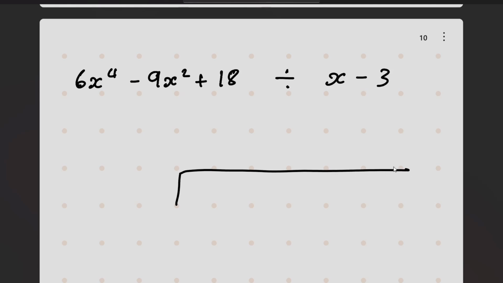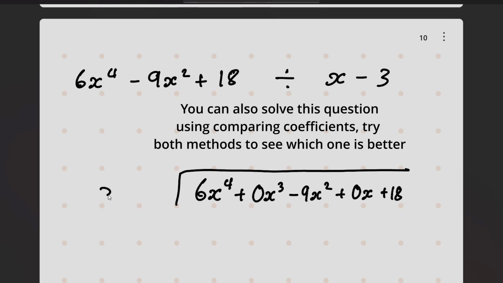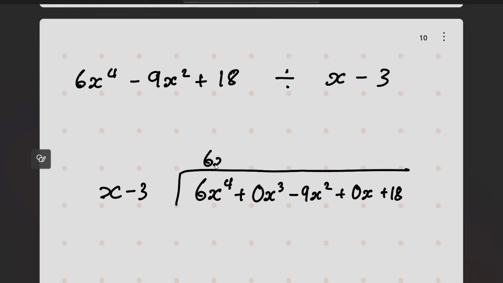Say you divide this, you will be having 6x to the power 4 plus 0x cubed minus 9x squared plus 0x plus 18. And now you're going to divide this by x minus 3. You'll be getting 6x cubed on top here.